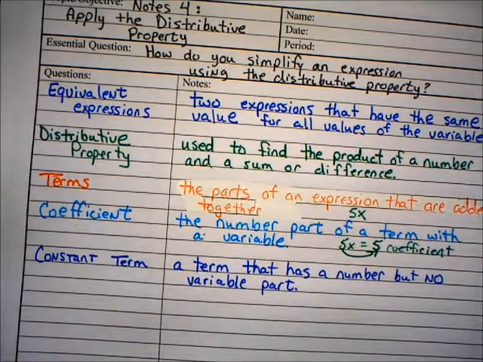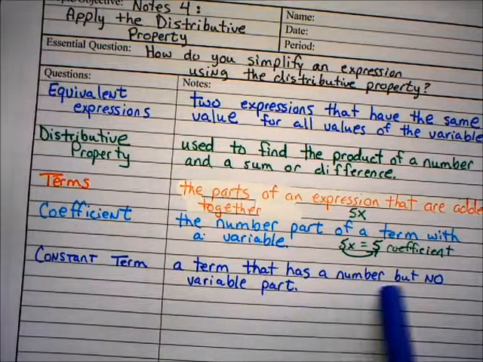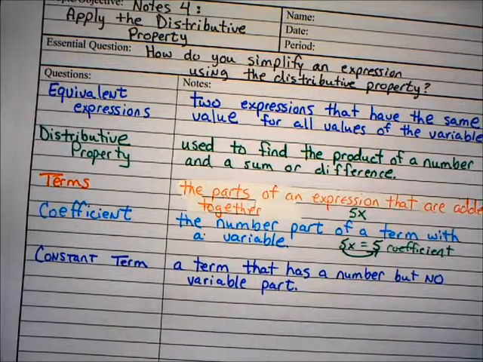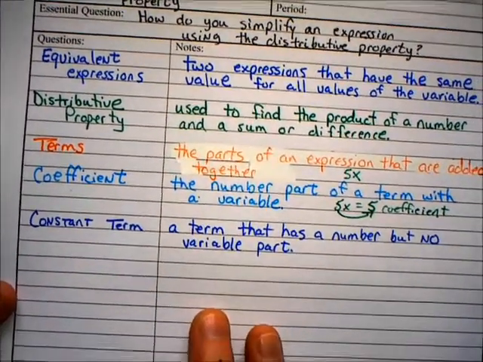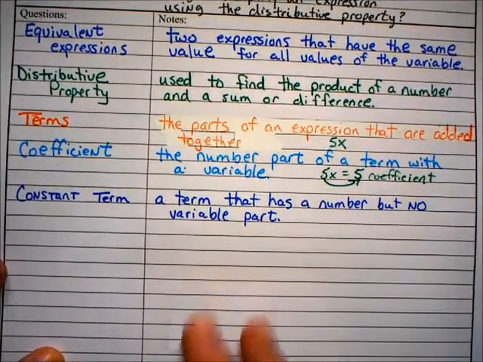Okay, a constant term, it says, is a term that is a number, but there is no variable part. So that just means it's like the number 4 or 5 or 10 or -10 or something like that. Okay, and then last vocabulary. Here's the last vocabulary word. Let me slide that up.